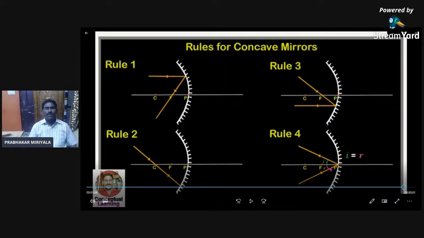First of all we have to discuss concave mirrors. So we have discussed the behavior of the light rays.